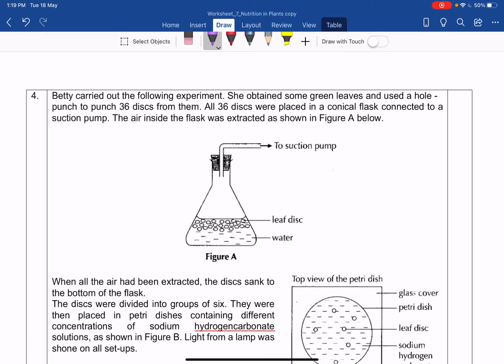It's connected to a machine that will suck the air that is present in the conical flask out, and it will also force whatever gaseous molecules are present in the intercellular air spaces of the leaf disc out of the leaf. So when all these gaseous molecules are removed from the leaf, it becomes less dense and they will start to sink.